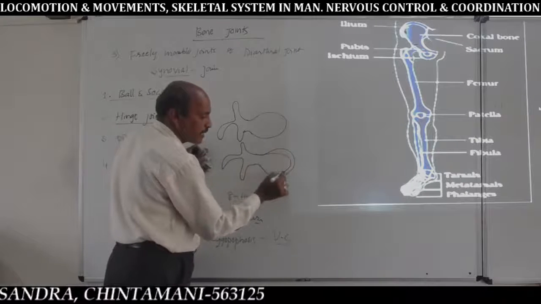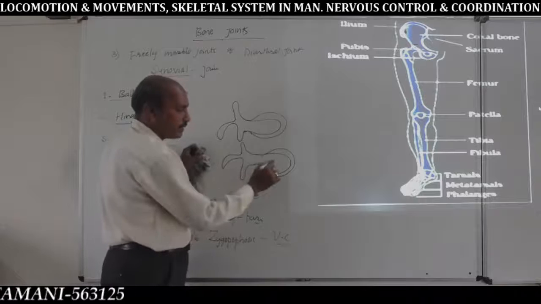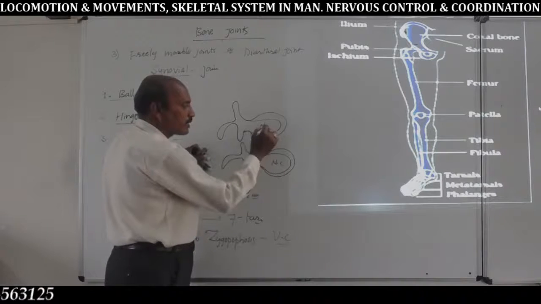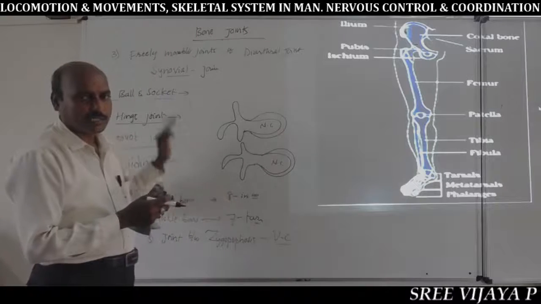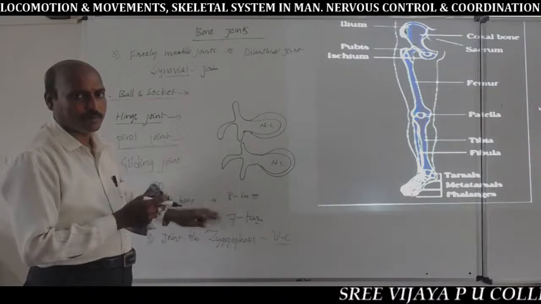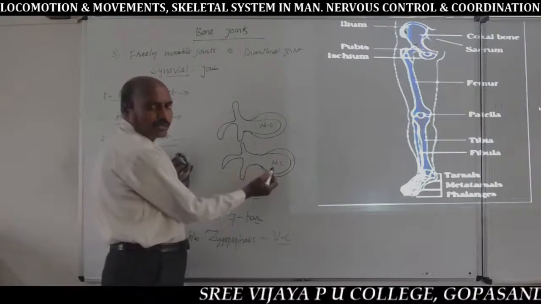Inside the body is a cavity at the center, called the neural canal. Through the neural canal, the spinal cord passes from the skull to the tailbone, the coccyx. That is the function of the neural canal.